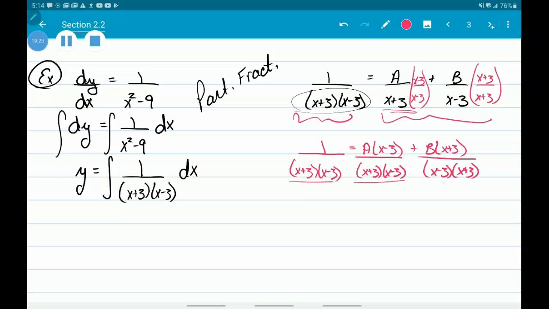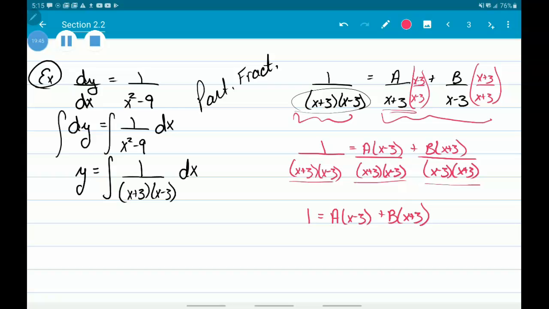Since they all have the same denominator, the only way this fraction can be equal to the sum of those fractions is if the tops are equal to each other. So that means we have reduced this to 1 is equal to A times x minus 3 plus B times x plus 3.